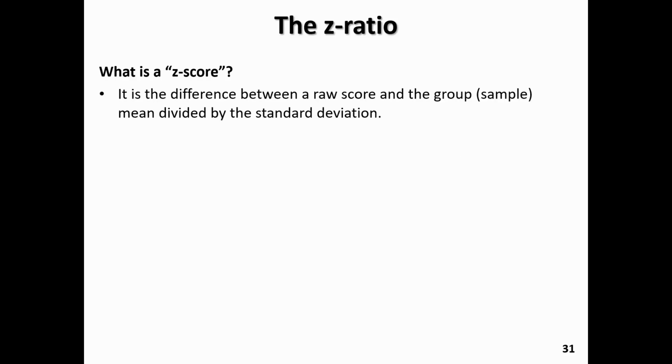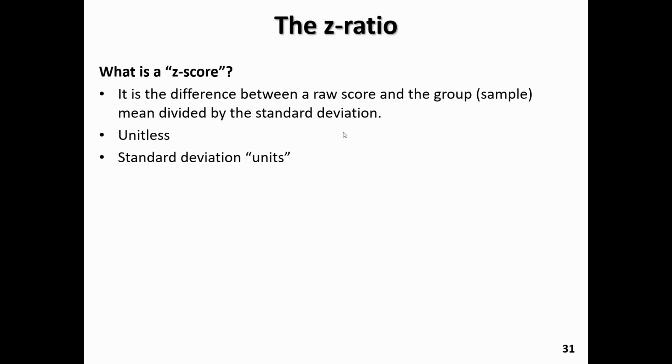Recall that a z-score is a transformed score from raw data. Specifically, it's the difference between a raw score within a sample and the group average, divided by the standard deviation of that particular sample. Recall that this is a unitless measure, regardless of the unit of the raw data.